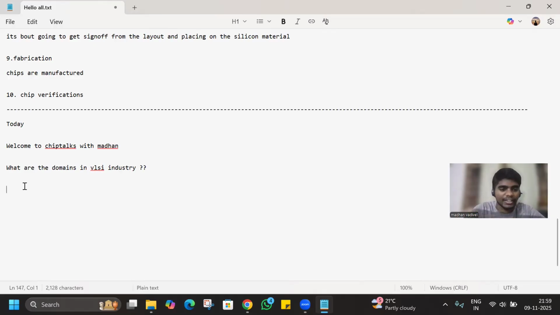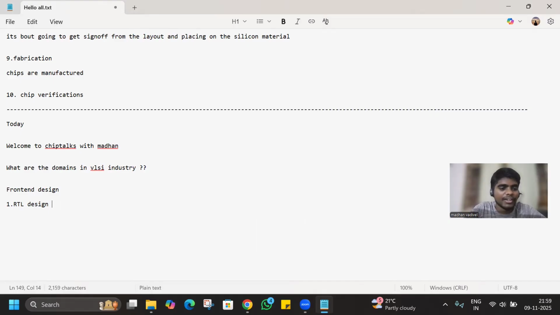The first domain has two parts: front end and back end. Front end design comes from the RTL team, the RTL designer, or we can say coding.